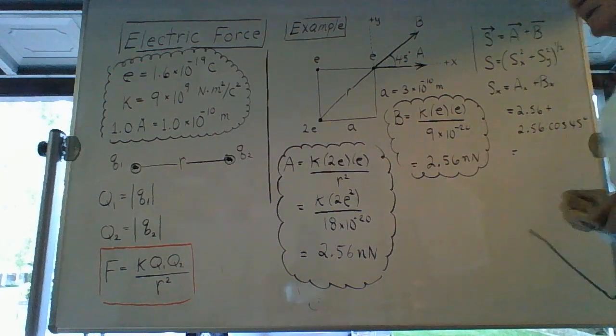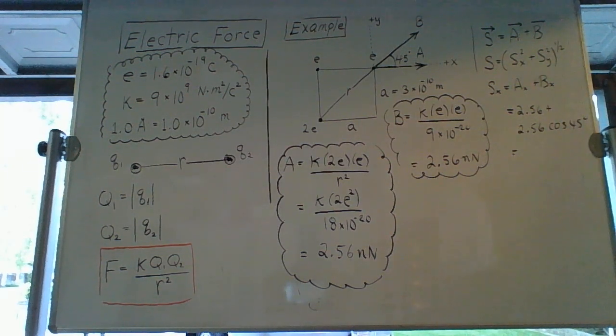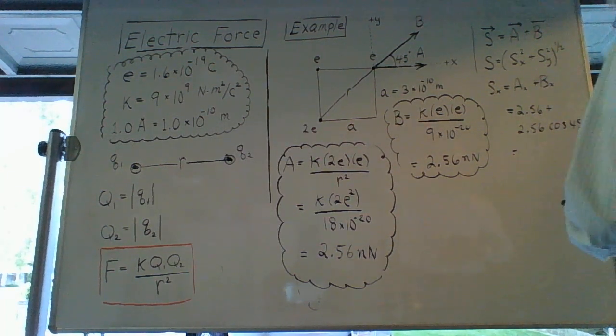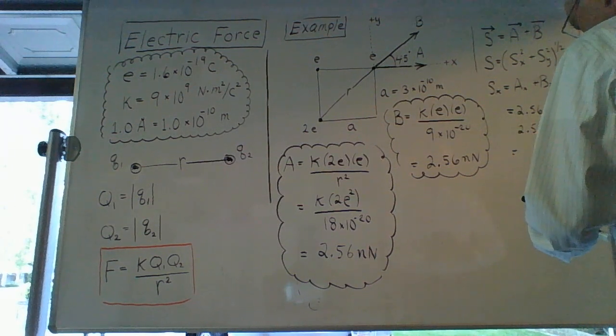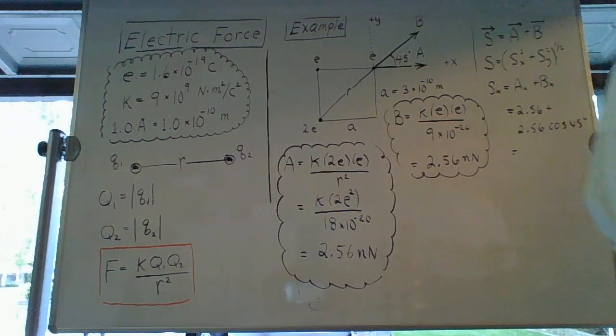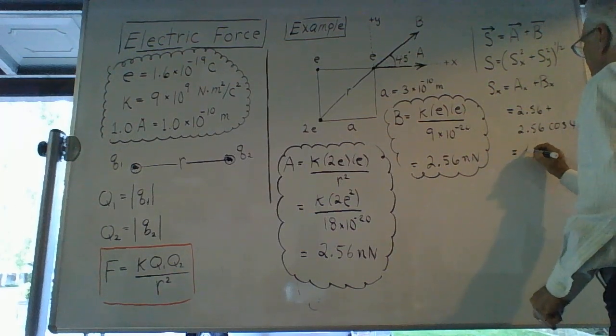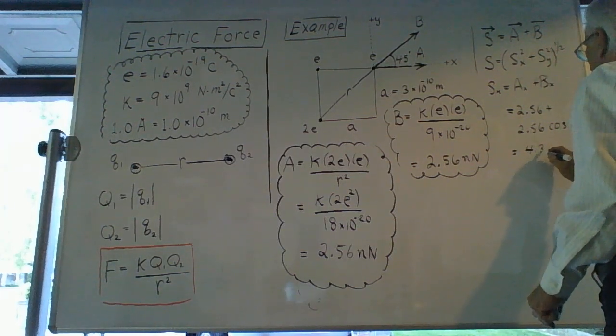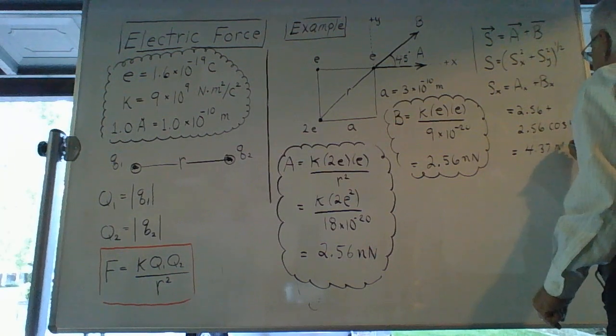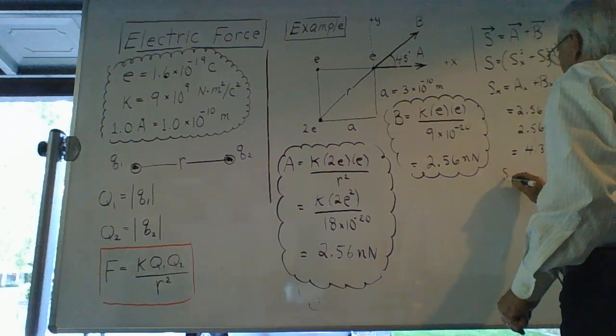Now I'll calculate what that is. 2.56 plus 2.56 cos 45, and we're left with the answer 4.37 nanonewtons.